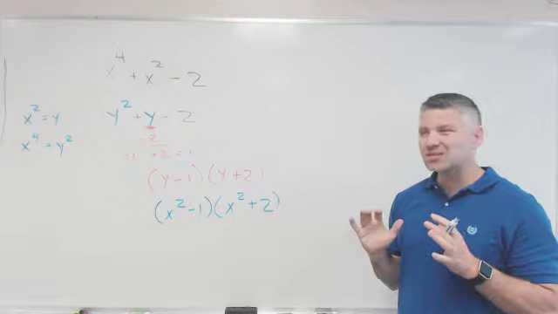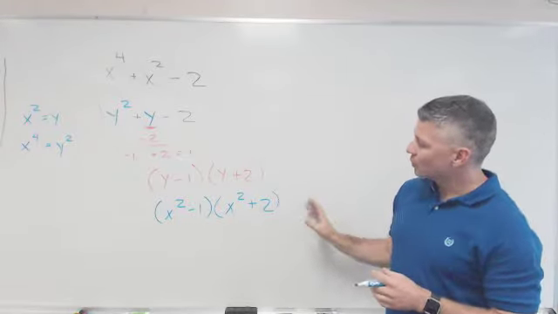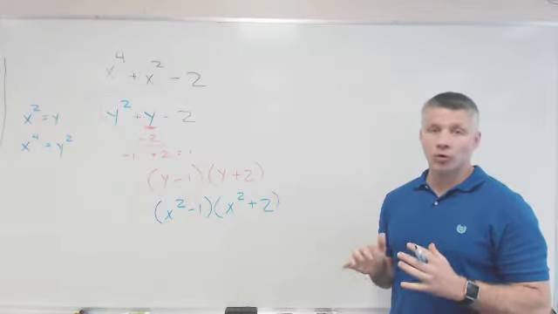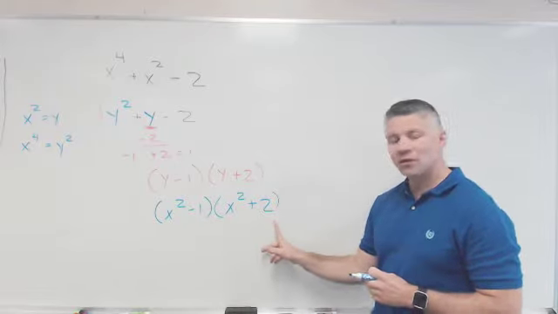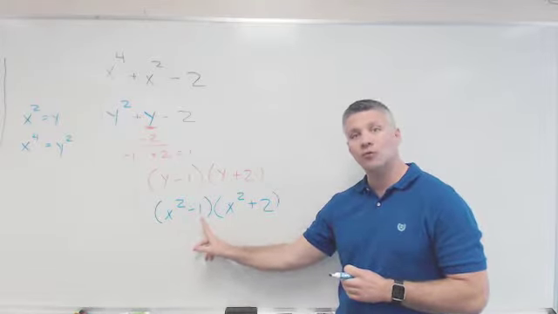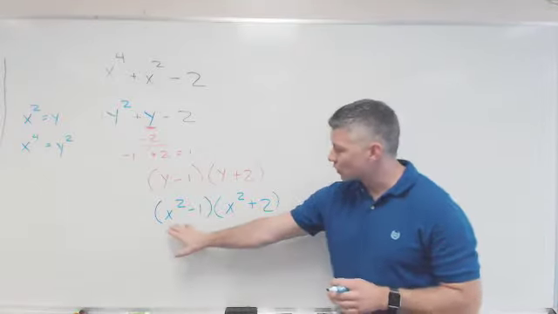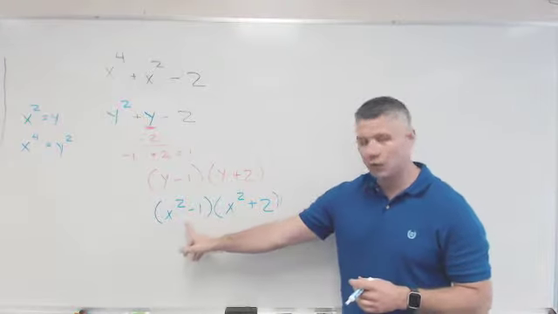But, and this is really tricky, and this is where you're probably very anxious to say, we're done, but we're not. We have to make sure that these parentheses don't factor again. And does either one of these parentheses factor again? Actually, the left one does.